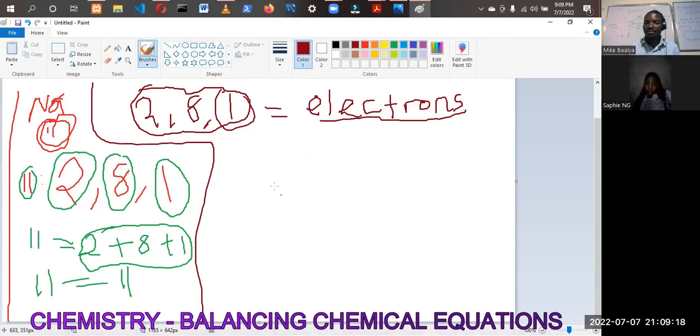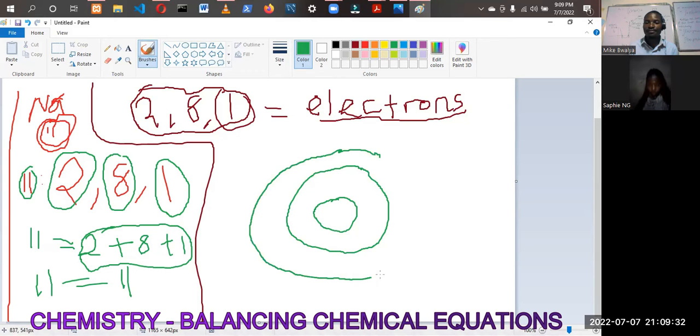which can also be presented in terms of shells. This is the first inner circle, the first shell, so you put only 2 electrons.